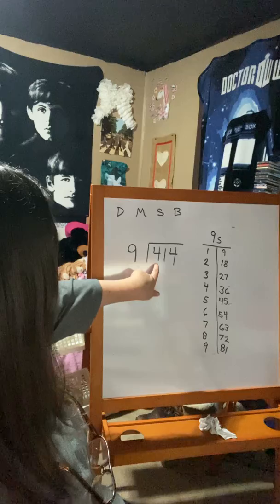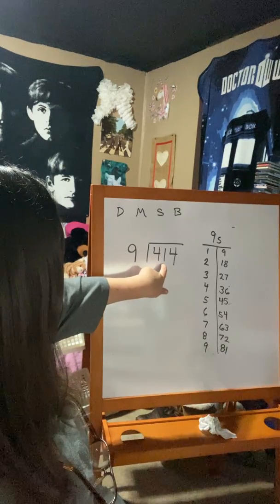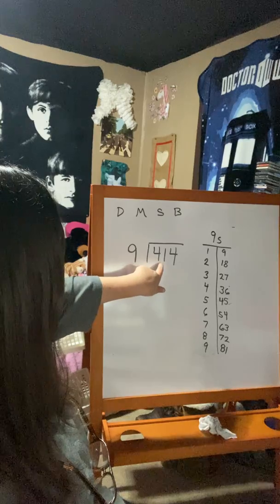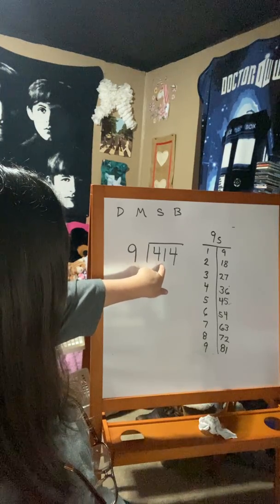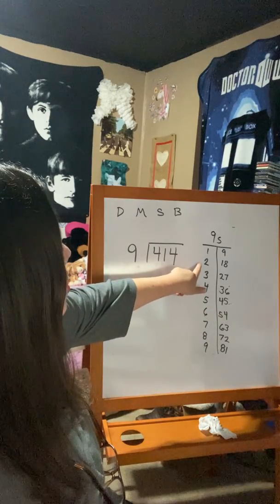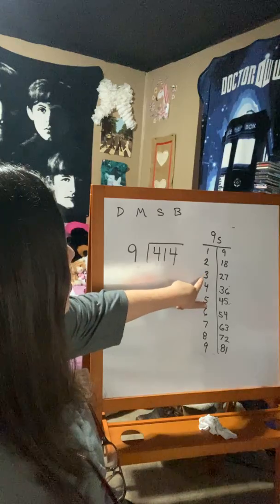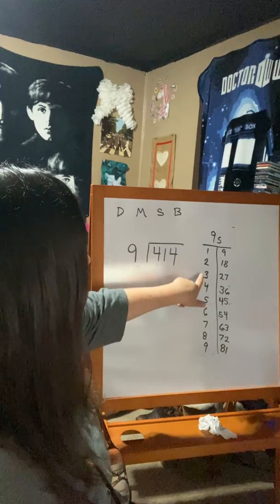So will 9 go into 4? No, it will not. So yes, in this problem, we have to look at 41. Will 9 go into 41? Yeah, a lot of times. Will 9 go into 41 twice? Yes. Will it go into 41 3 times? Yes. 27 is smaller than 41.